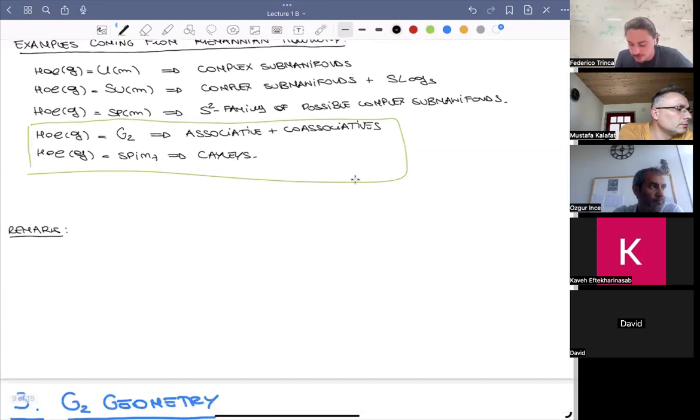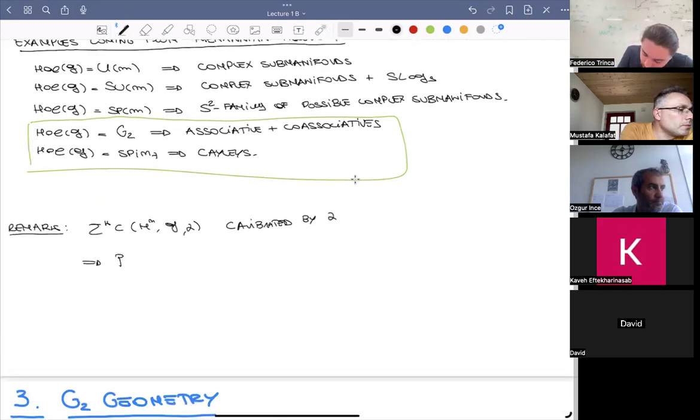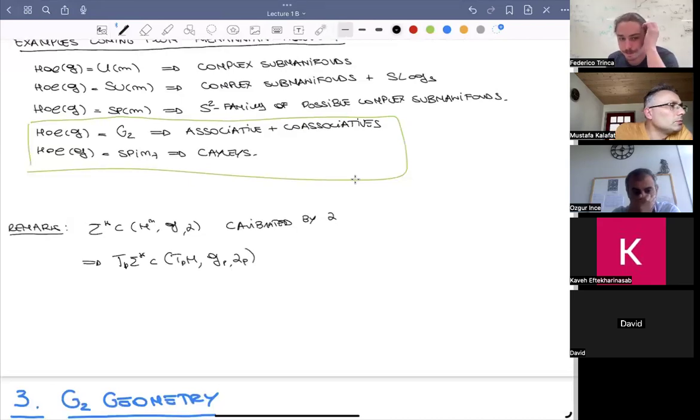So before I turn to G2 and Spin(7) geometry, let me observe that if sigma^k is a submanifold of (M^n, g, alpha), and it is calibrated by alpha, then T_p sigma^k, the tangent space of sigma, seen as a subspace of T_pM with the induced metric and induced K-form, is alpha_p-calibrated.